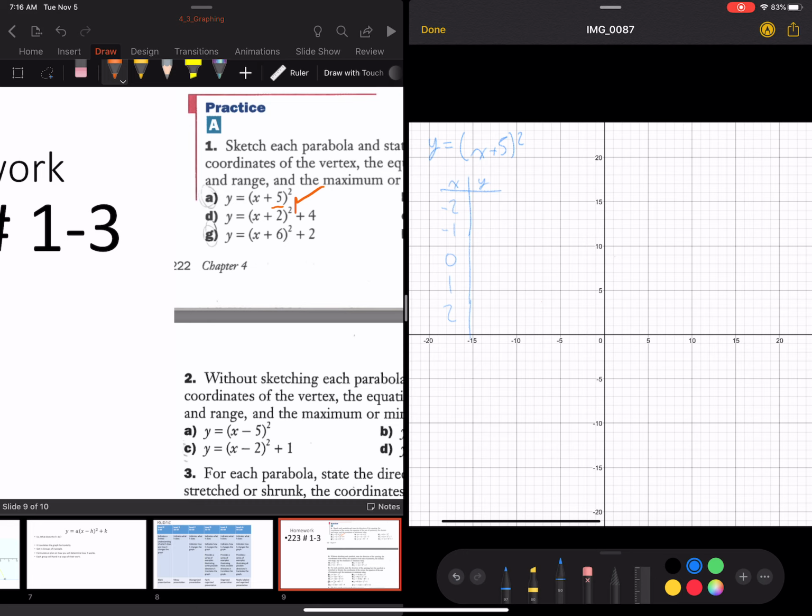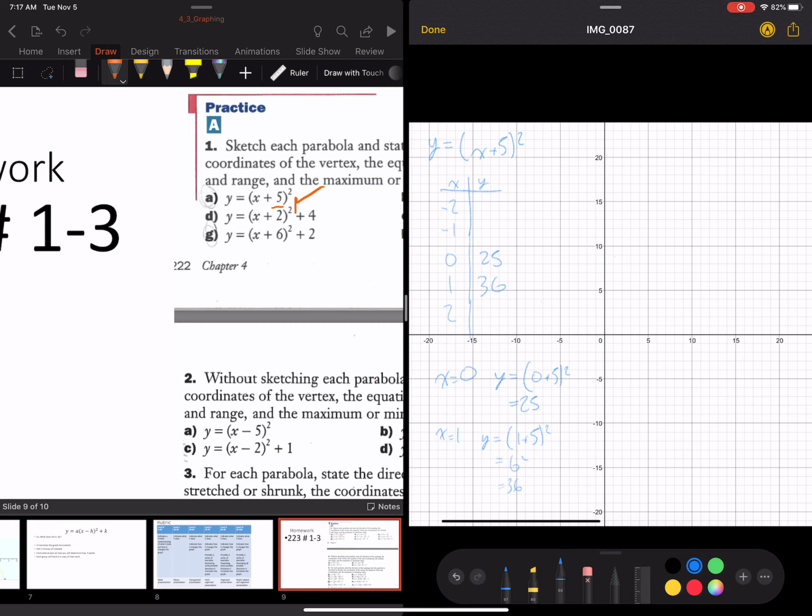So when x equals 0, y is equal to x plus 5 squared, right? So x equals 0, y equals 0 plus 5 squared, which is equal to 25. What about when x is equal to 1? Then y equals 1 plus 5 squared, which is 6 squared, which is equal to 36.